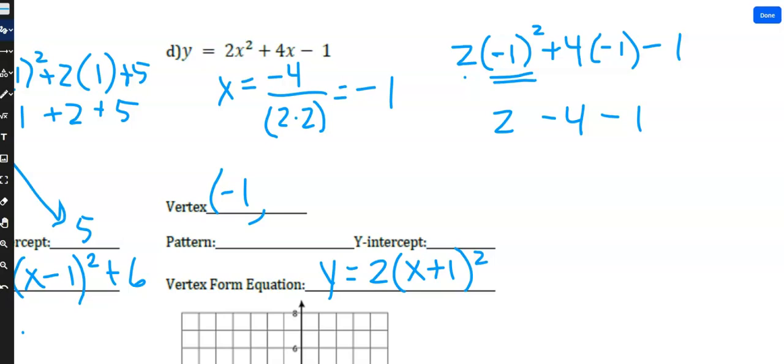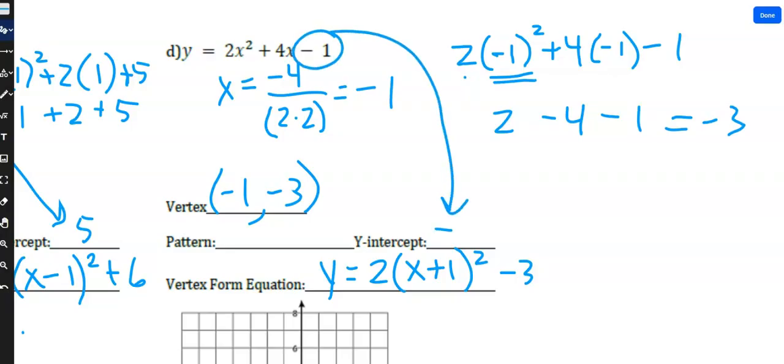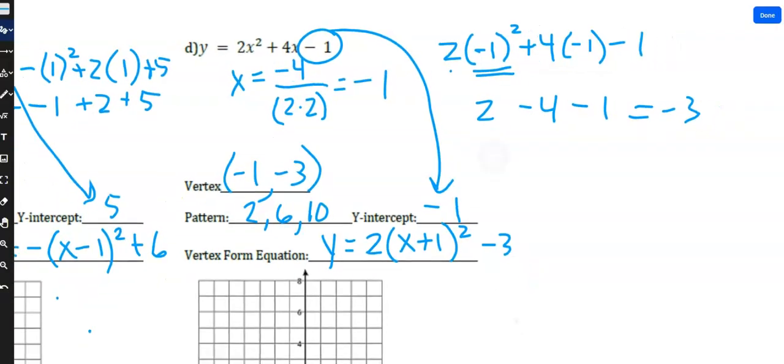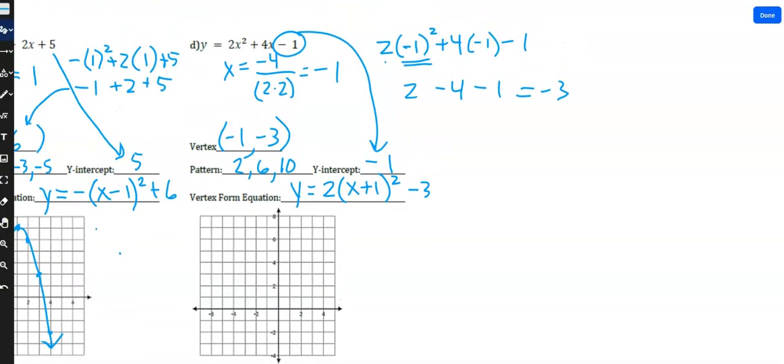Oh, let's see here. That's negative 3. So now I know that. And I can tack that onto my vertex form. We know that negative 1 is my y-intercept. And my pattern is 2, 6, and 10. So, let's see here.